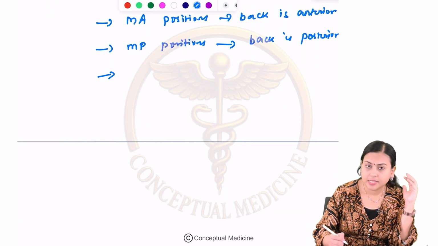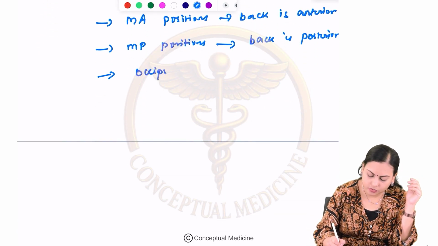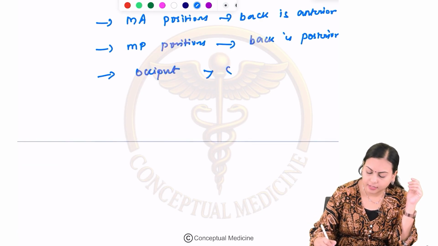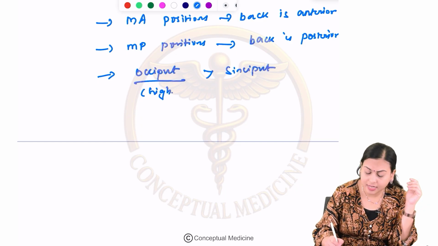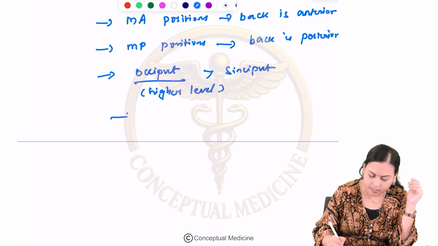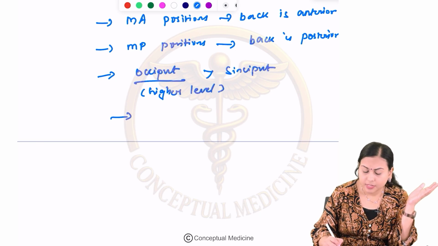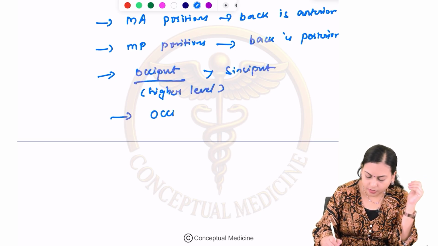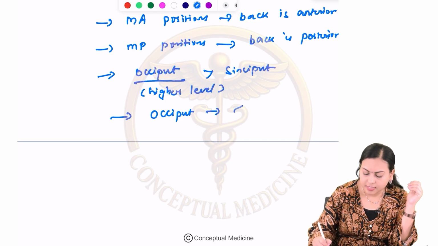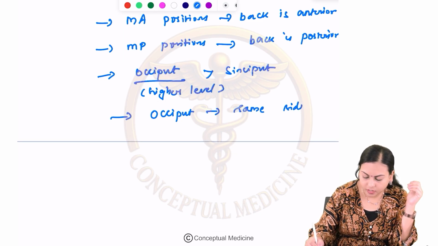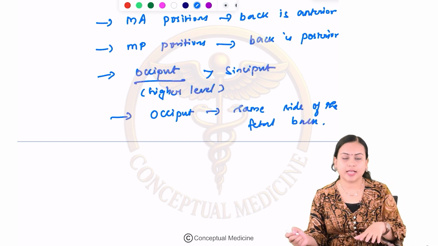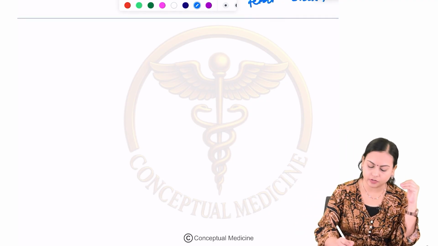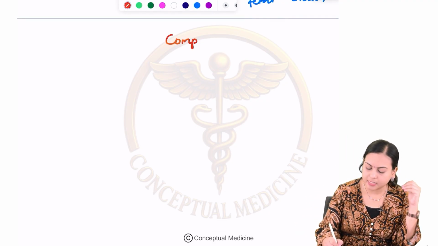And in face presentations, occiput is going to be at a higher level than the sinciput, and the occiput is felt on the same side of the fetal back, right? That means, what is the attitude of the fetus here? As I have already told you, it is going to be complete extension.